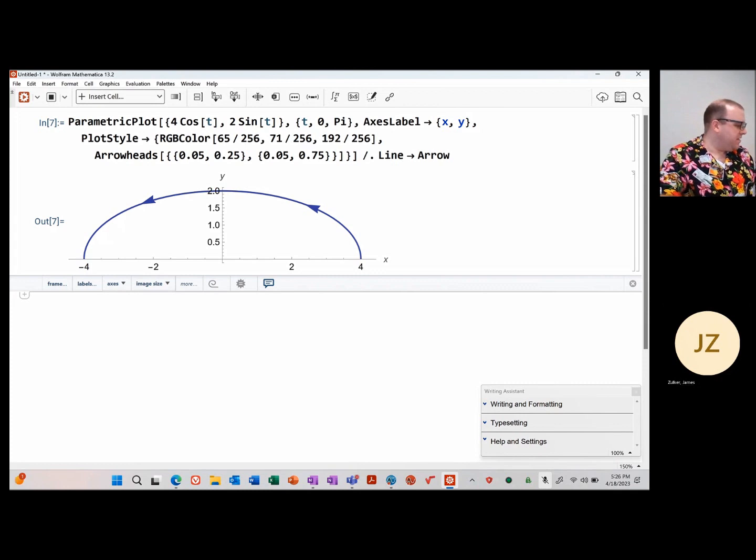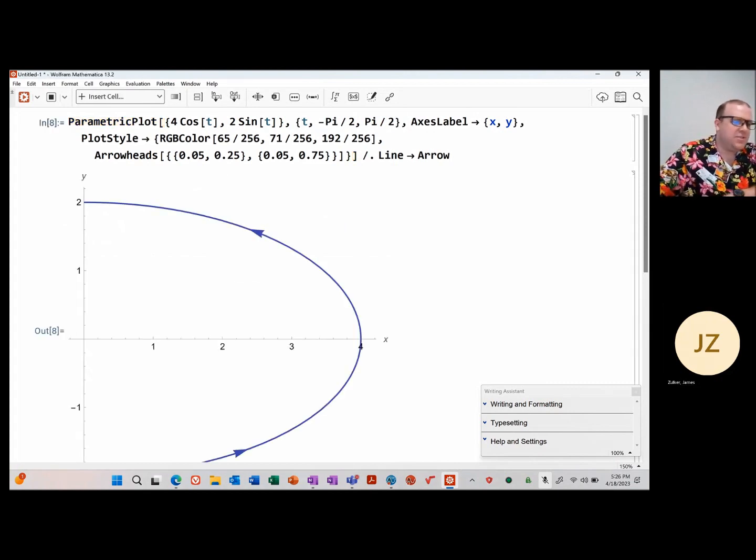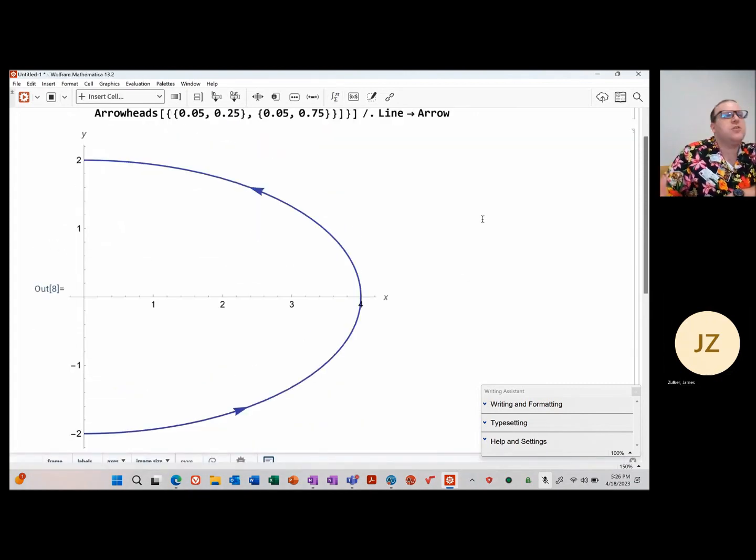Then they wanted minus pi over 2 to pi over 2. What I have to do is change that, see how that looks. Arrows kind of look nice where they are. There we go.